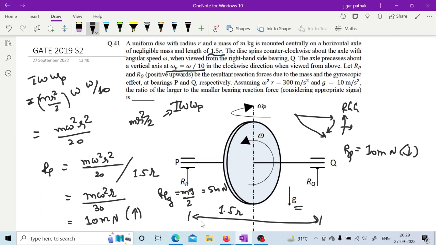So at P it is given like this, and here at Q also it will be mg by 2, so it is 5 m Newton only, right? So here what is going to happen is this particular force will be in the upward direction, right?